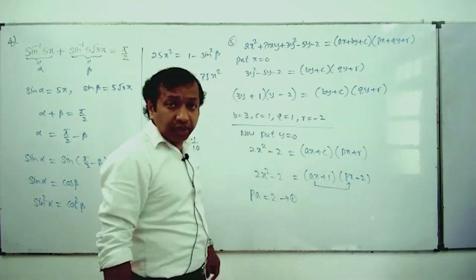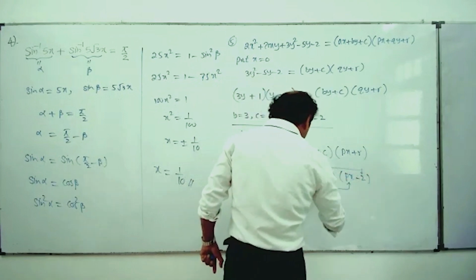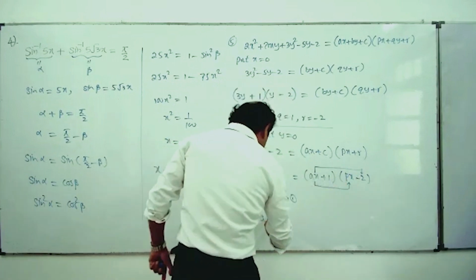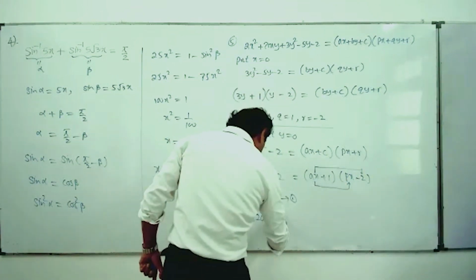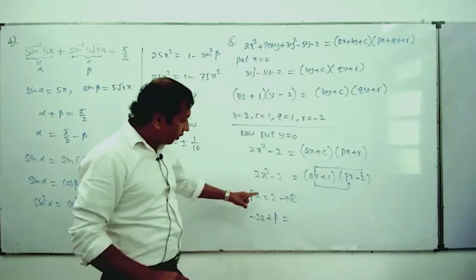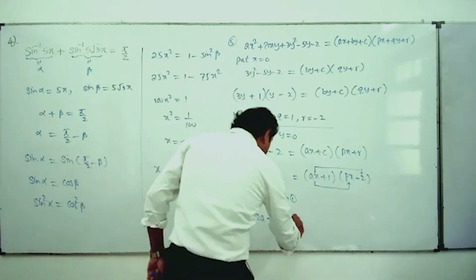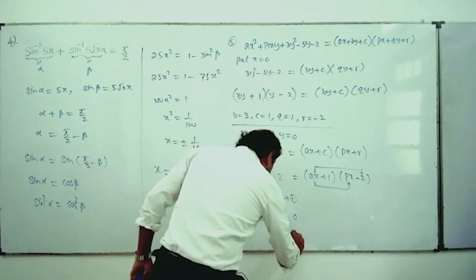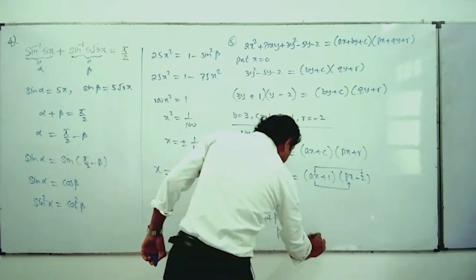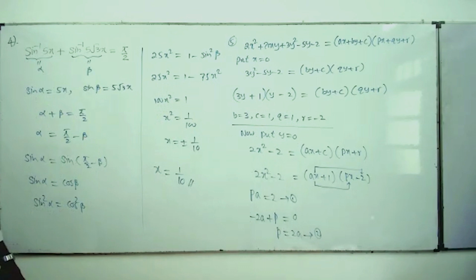And we take the x coefficient on the right and left: this and this, minus 2a, this and this, p. But on the left hand side, you can see we don't have an x term, the coefficient is 0. Therefore, p is 2a. Number 2 relation.